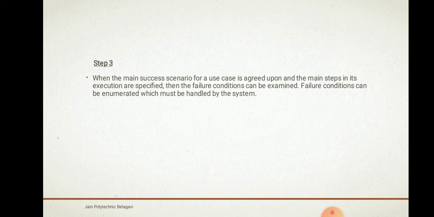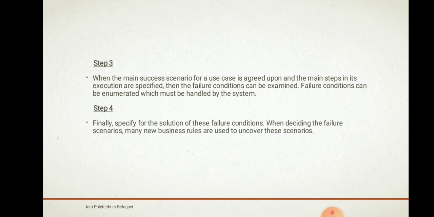Once they are examined, they can be enumerated, and they must be handled by the system. Step 4: finally, specify the solution for these failure conditions. When deciding the failure scenarios, many new business rules are used to uncover these scenarios.